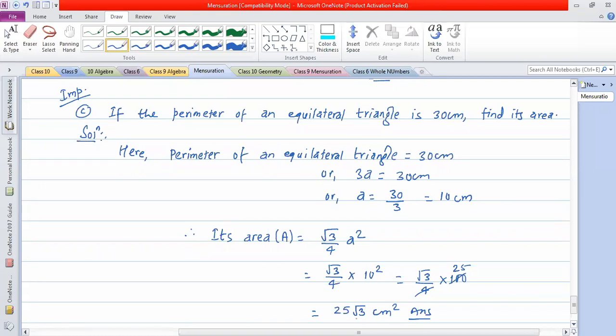In question number D, the area is given and the side is asked. Simply go through the area and find side. But what you must know is the formula to find area of equilateral triangle.